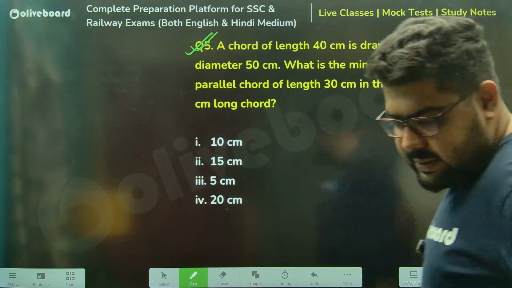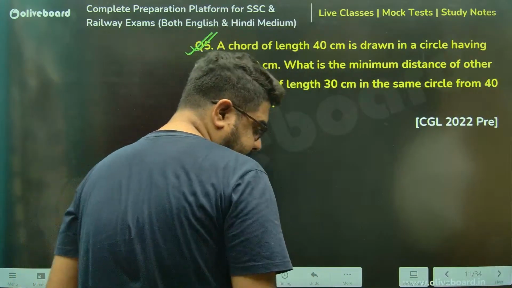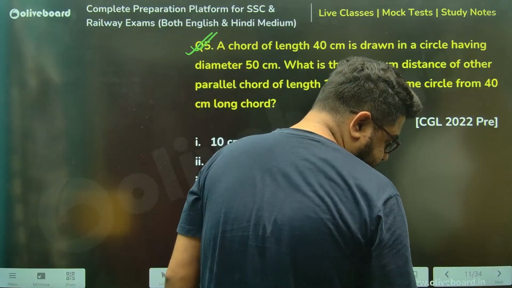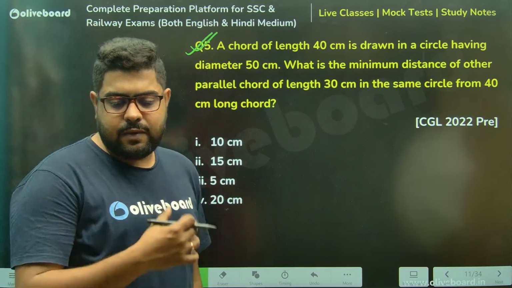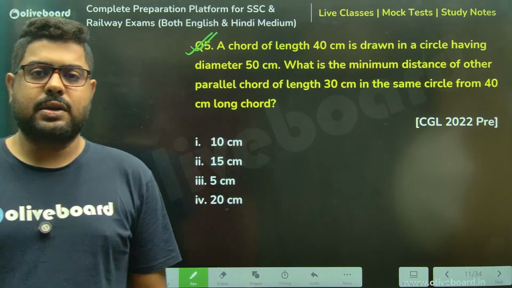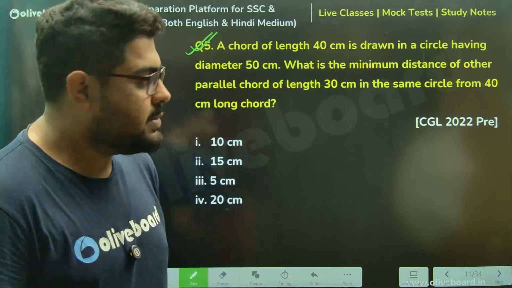Any answers? Aviral has given me answer as 5 centimeter. Acha, the sound became a little better now, everyone. I forgot to turn on the noise cancellation. पता नहीं, भूल गए थे हम.